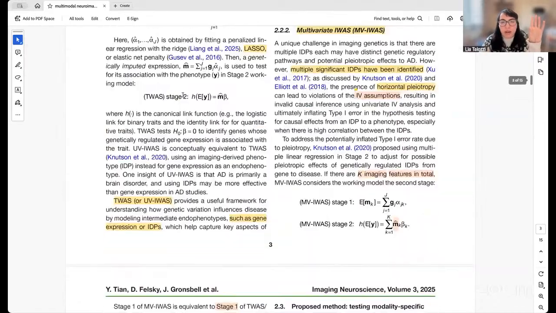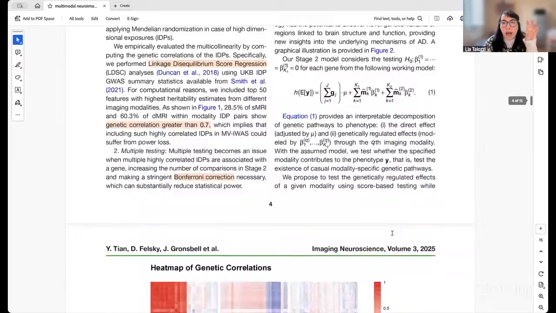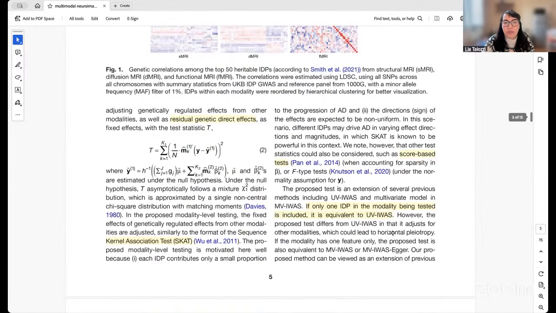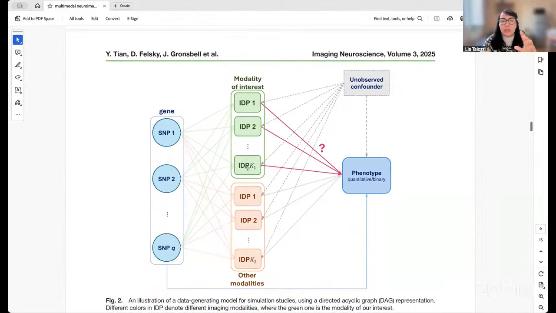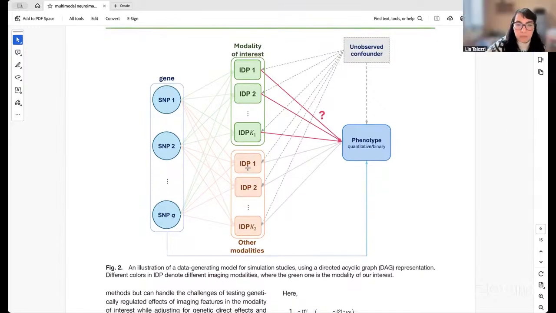You don't do the sum of each of the effects, but you put them all together in a vector. So somehow you are clumping the imaging information all in one and seeing if you have a signal in that correlation with the genetics. Here you see you have all the ADPs, you put them all together in one block, so you have one modality, and then you have the GWAS for each modality. Okay, I see. Thank you. You're welcome.